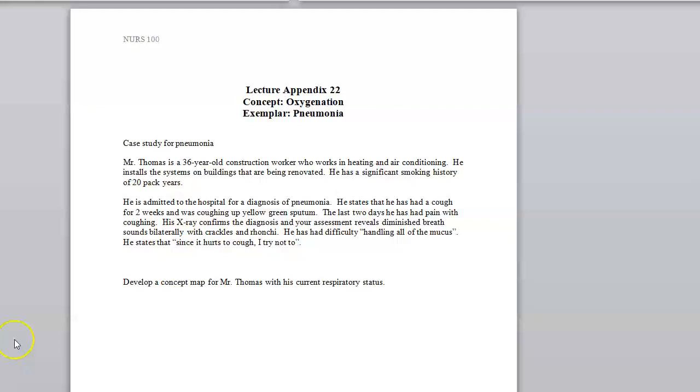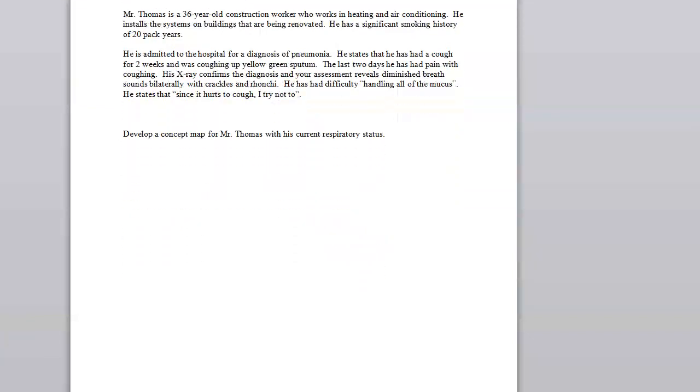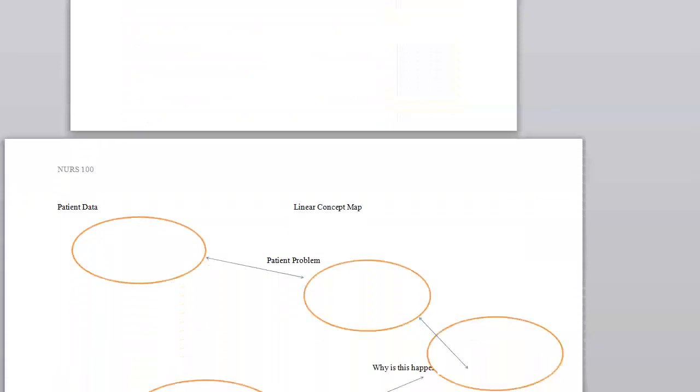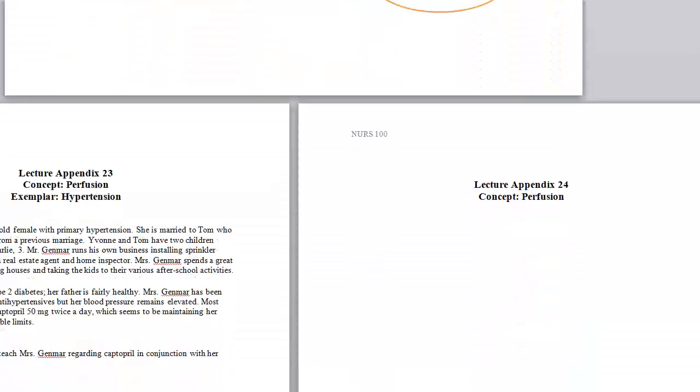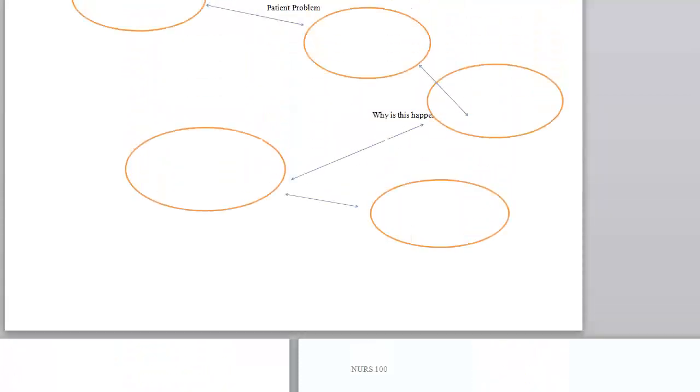All right, and then lastly, what we're going to do is look at this particular case study. I don't know if you have this one. Maybe not. Okay, we don't have to do that one.